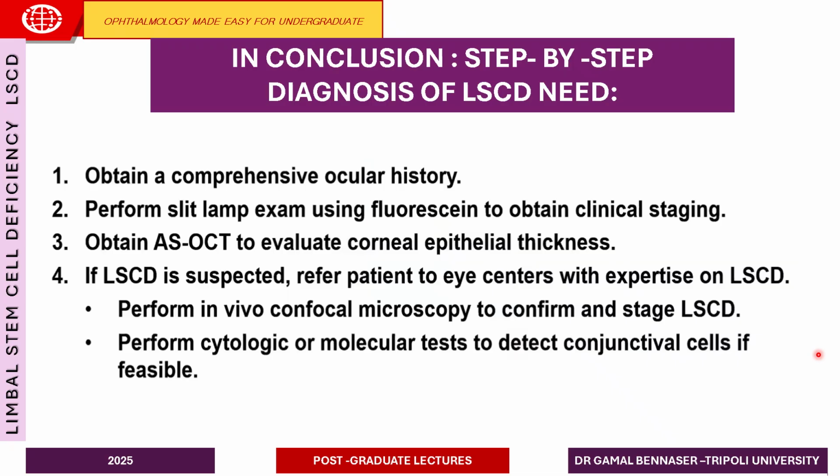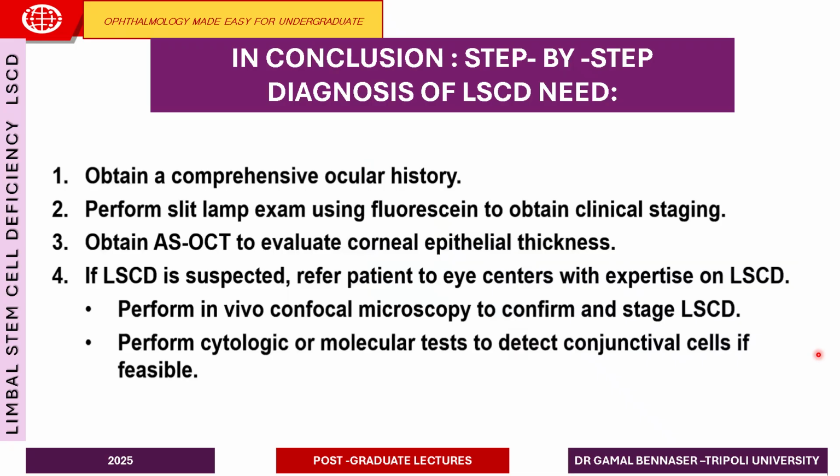Also, the presence of a decrease in the density of the subbasal nerve plexus, concentrating on the limbal area, looking for the density of the stem cells, thickness of the epithelium, the crypts or the palisades of Vogt. All these are very important to assess and diagnose and pick up early cases of limbal stem cell deficiency.